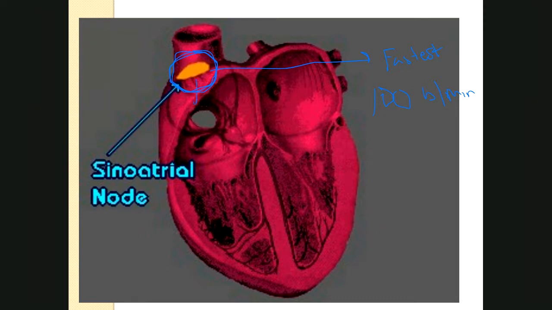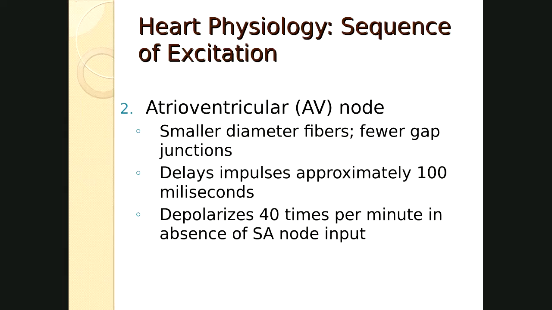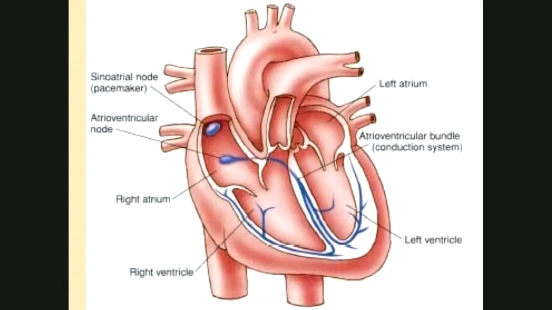And then remember, the action potentials are going to spread. What they do is they spread across the surface of the atria, just like this. And then it's picked up by the AV node, or atrioventricular node. The atrioventricular node is another node of tissue.